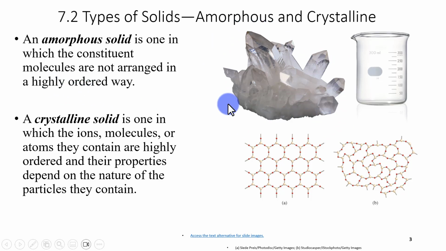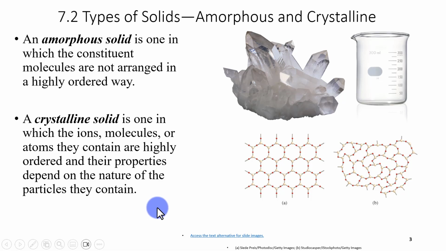So here is an amorphous solid. It's got parts of it that are more ordered, but in general it's not as ordered as, let's say, this beaker, for example. This is quartz, we use it to make glass. In a crystalline solid, the molecules or the ions that make up the solid are highly ordered. Obviously, it's the opposite of an amorphous solid.